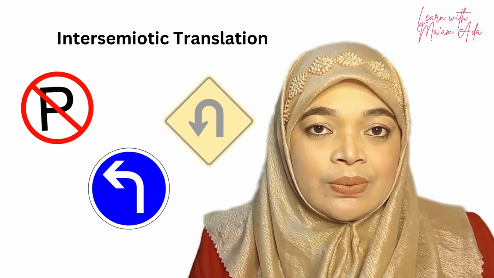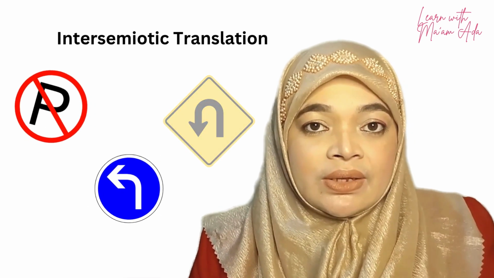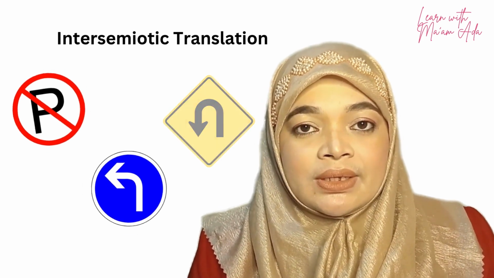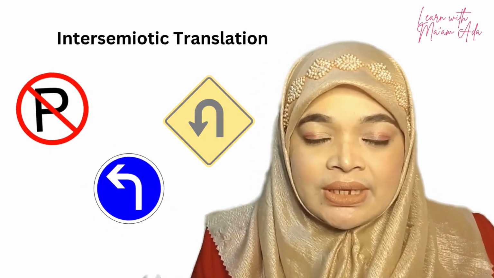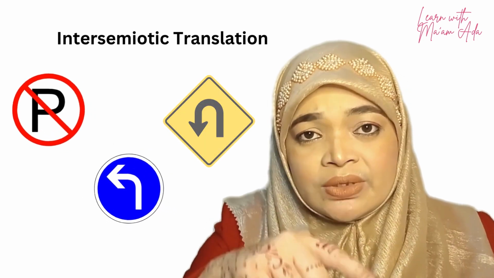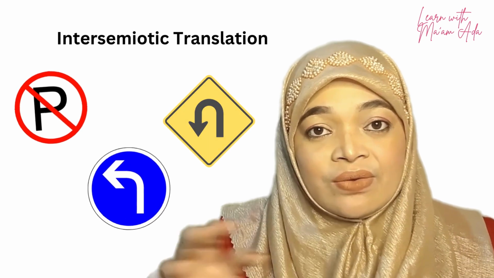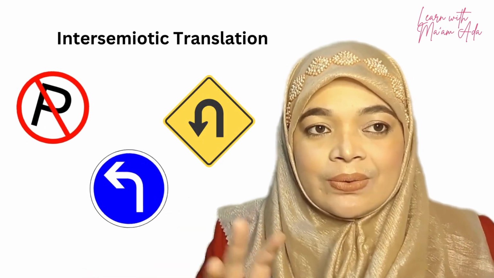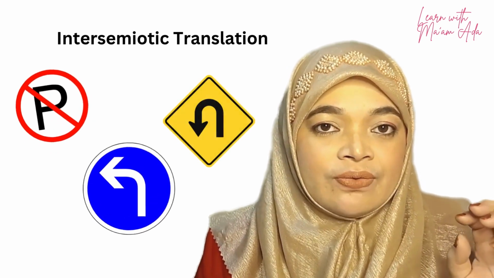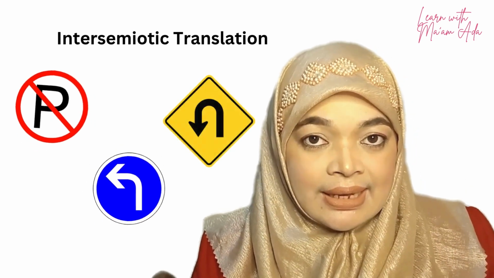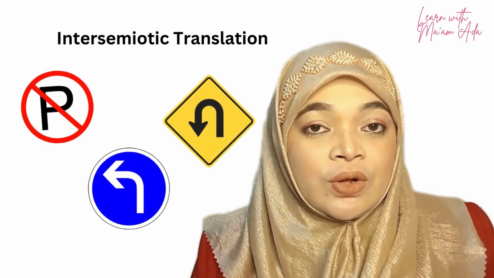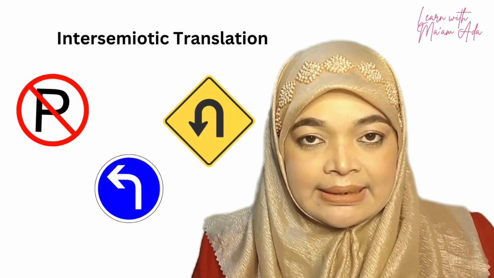When we are traveling along the road, we can see the no parking sign, the turn left sign, the no U-turn sign. These are actually intersemiotic translation. So you would see images instead of words. That's how the intersemiotic translation works. It makes use of non-verbal signs as symbols as a translation from the verbal meanings.